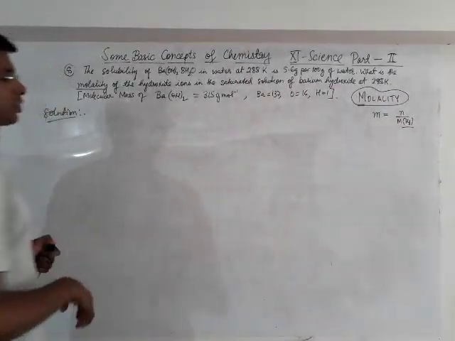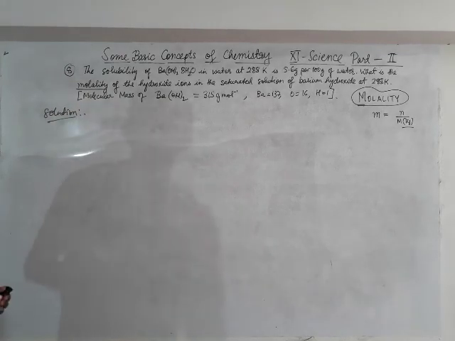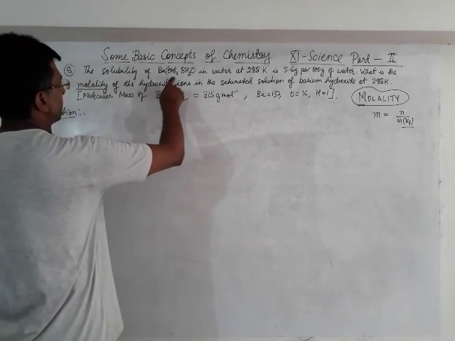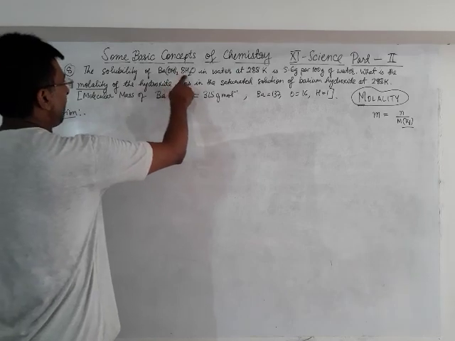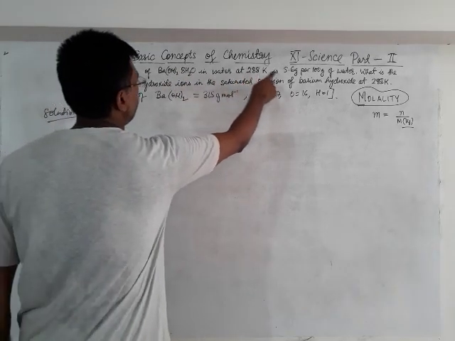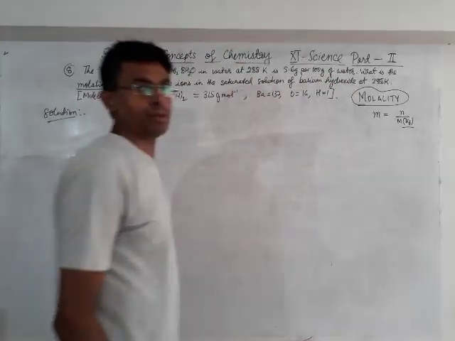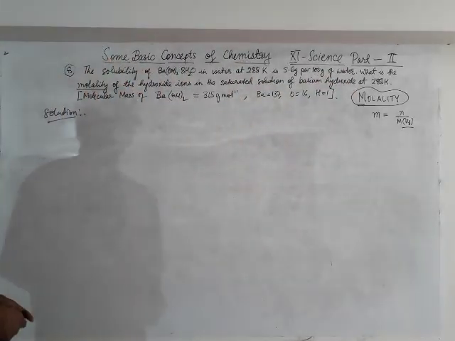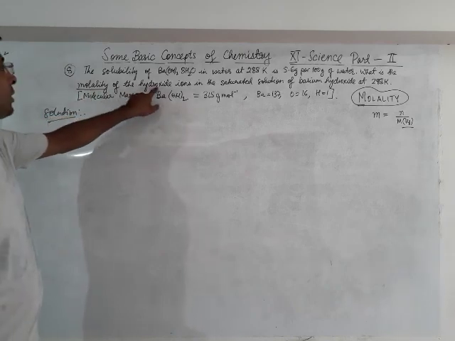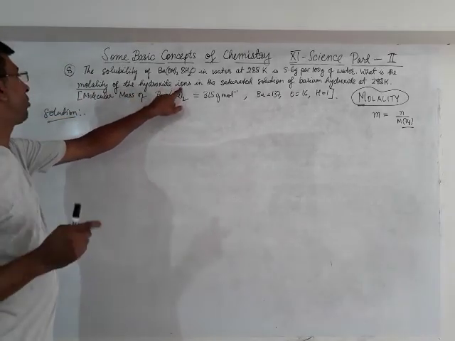Now this question over here, the solubility of barium hydroxide crystals, Ba(OH)2 dot 8H2O, in water at 288 Kelvin is 5.6 gram per 100 gram of water. That is the solubility. What is the molality of the hydroxide ions now? We are talking about the hydroxide ions.